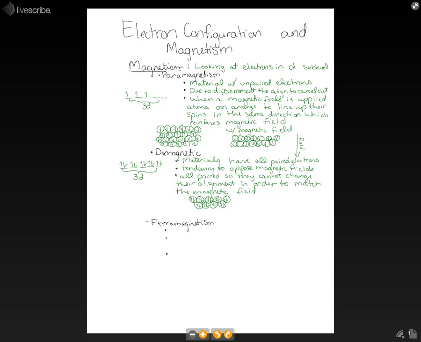Okay, so lastly we're going to talk about ferromagnetism. And those have unpaired electrons, like the paramagnetics.